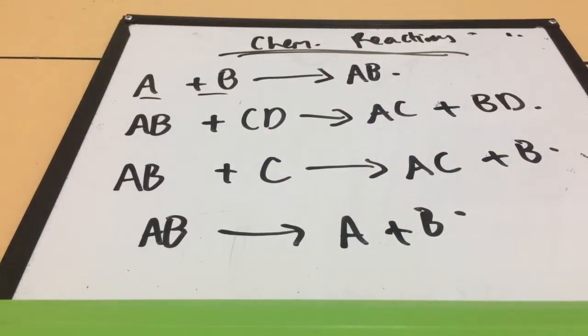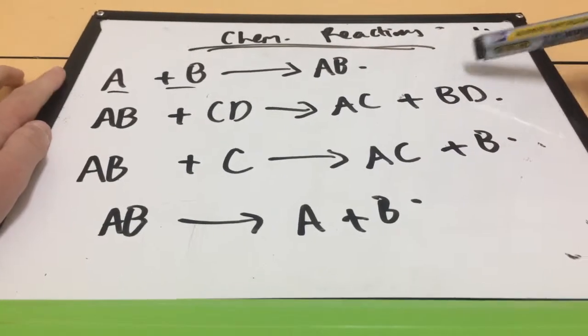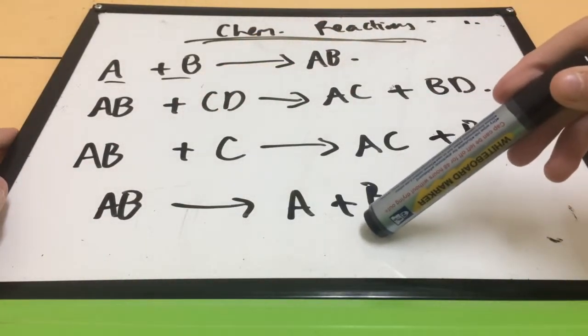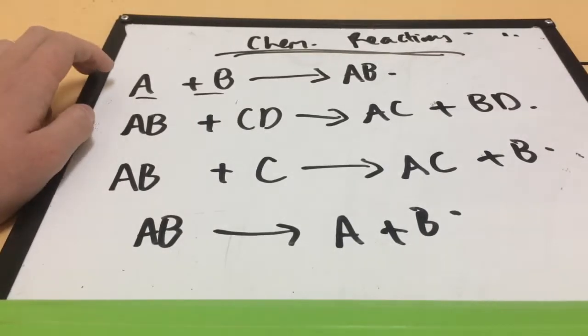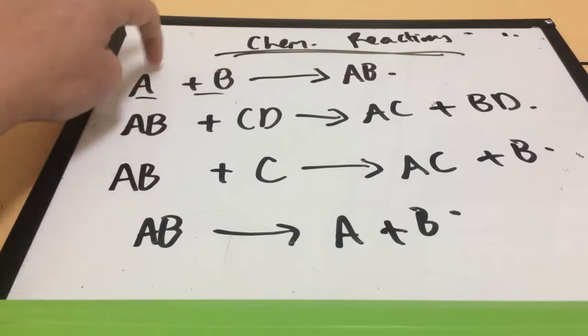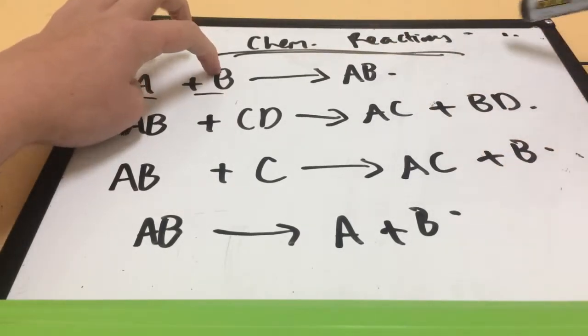Okay, so this is the simple answer. These are what we call chemical reactions. These are the four types. Let's start from the top. You have A and you add B to it, so you add some atoms and it gives you an AB compound.